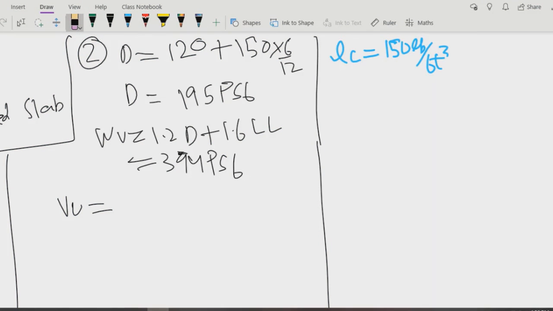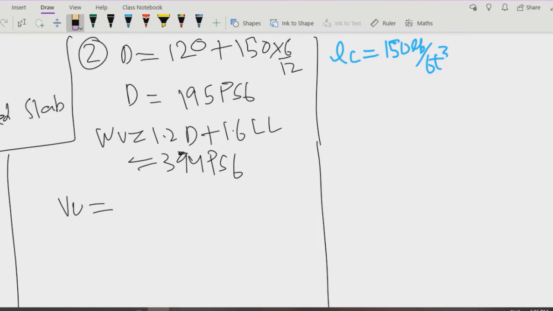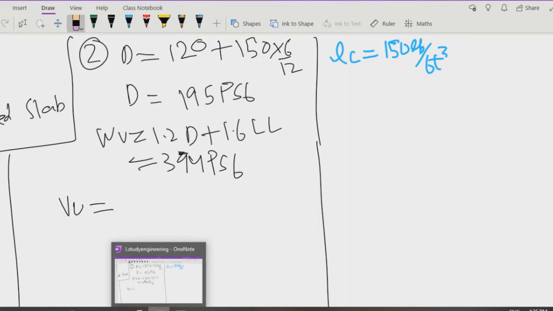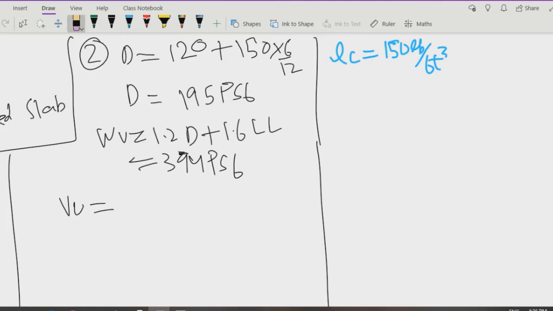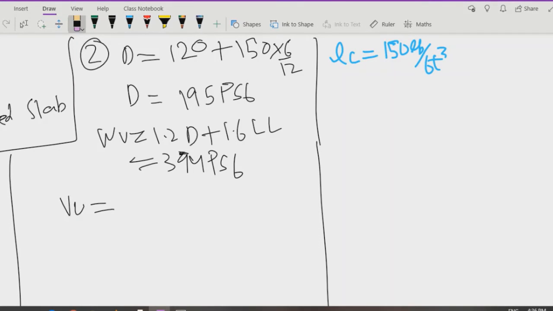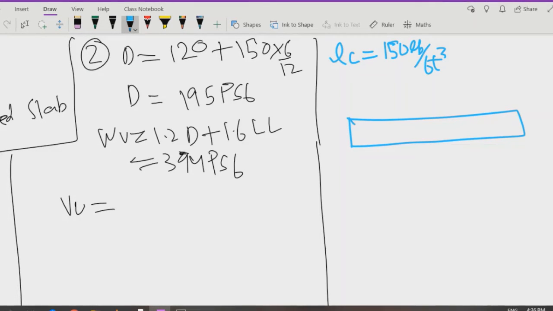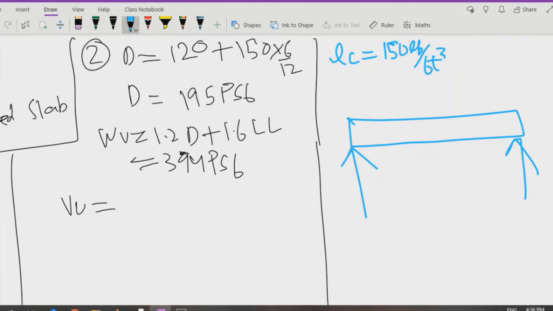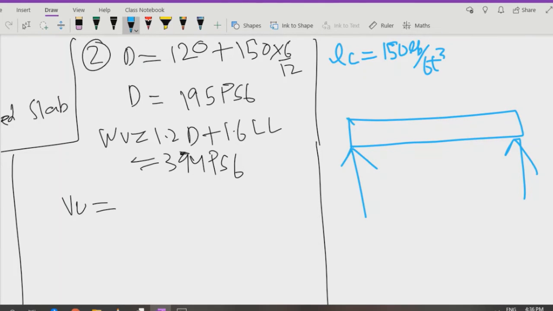We have to find the critical section in our slab, according to the ACI code. Now we are considering our slab is this. With blue pen, I am considering my slab is this. These are my columns, simply supported, so it will look a bit like this, and the critical section is not in the center.